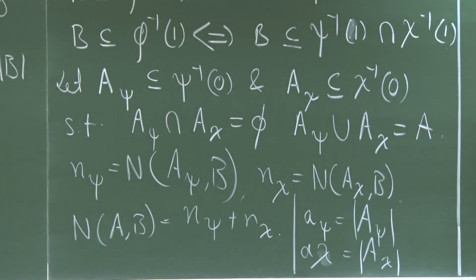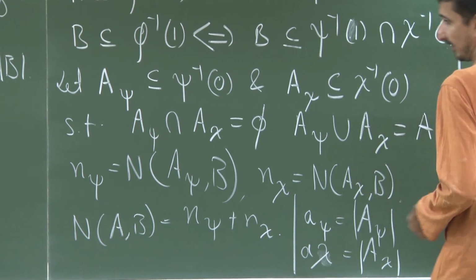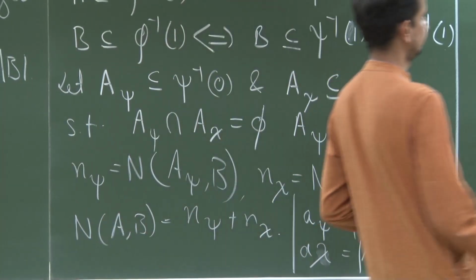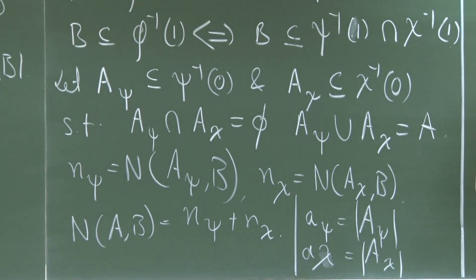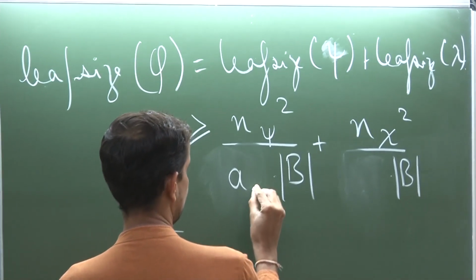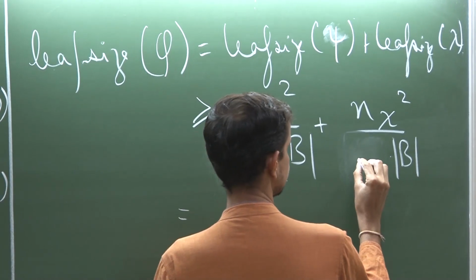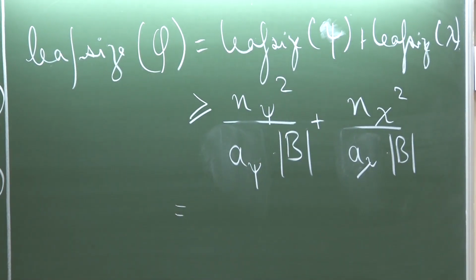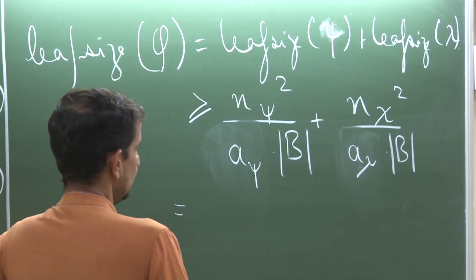Okay. So, therefore, I can write this as the denominator B times small a_psi times small a_chi.